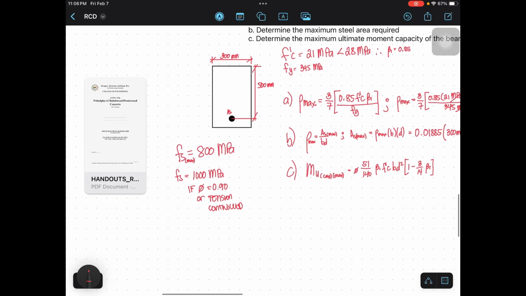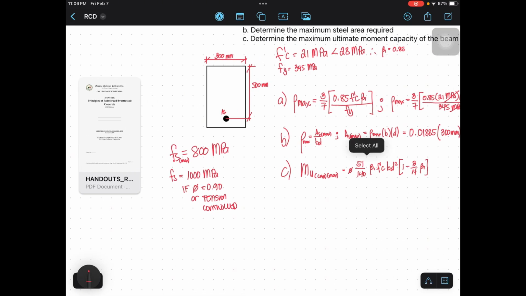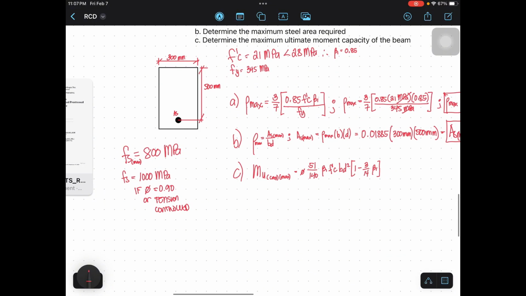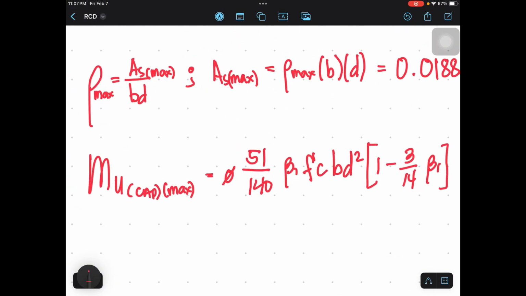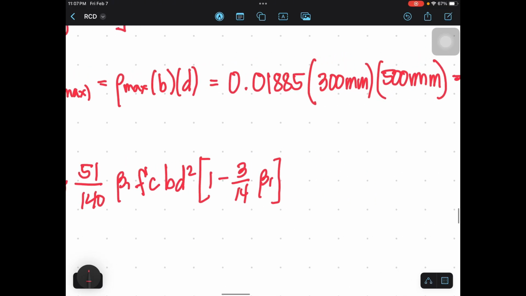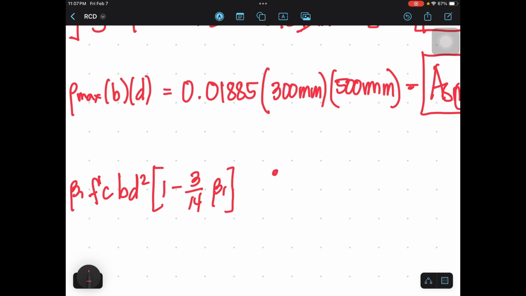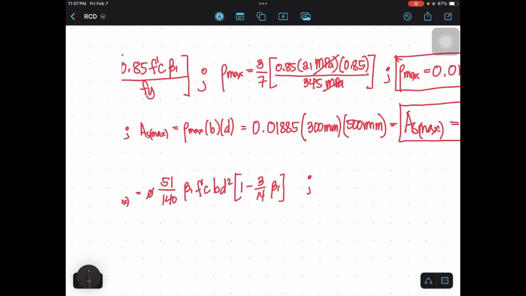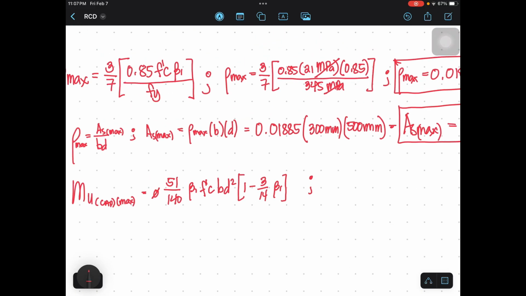Okay, so since under maximum condition, we first compute the reduction factor. Theoretically, or by computation, we know that the maximum condition is in the transition zone of the reduction factor.